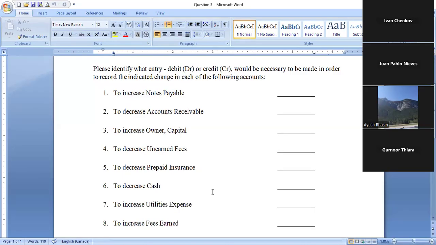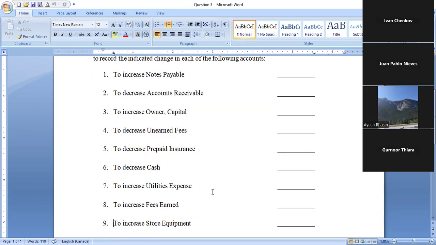It's a revenue account. It's not an asset, it's a revenue account, and we increase it on the credit side. Correct. Store equipment. Asset account, great. I want to increase it. Debit side, correct?